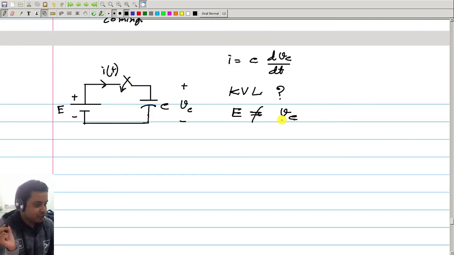So this analysis we cannot do in this way. I remember some other students also asked this question two years back, and one of the students in fact found a research paper on this topic.